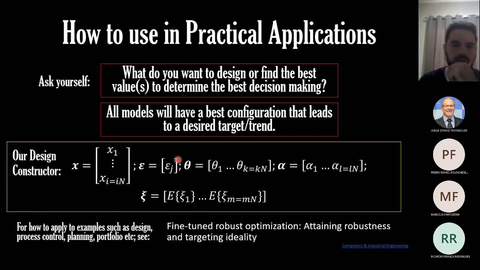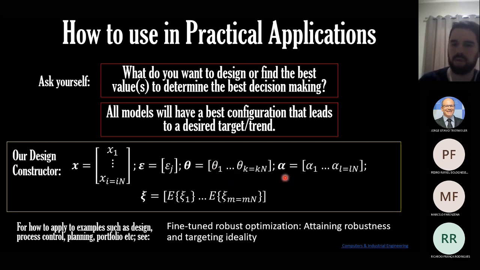Your decision variables, your normal uncertainties vectors, your deterministic parameters that generally you don't have the chance to manipulate their values, because you can have some parameters that are scarce. It's not within bounds.